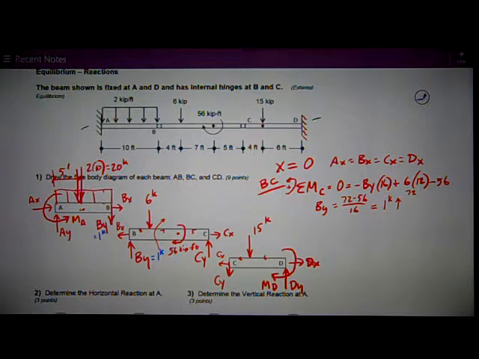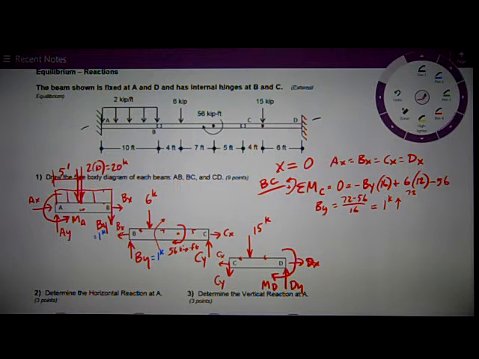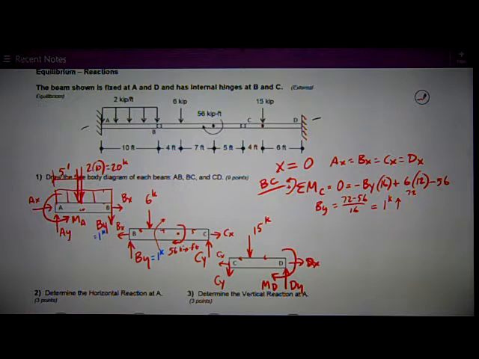I could also do sum of forces in the Y direction and solve for CY if I want to look at the other end. So I can go sum of forces in the Y direction equals 0. Positive is up. And I've got BY up 1, down 6 for the 6 kip load, negative, and then I've assumed CY up.